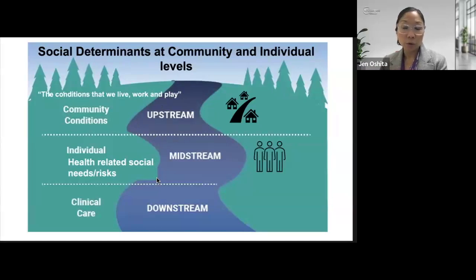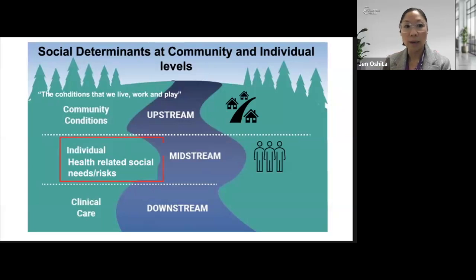They've been wanting to look at social factors, but it's hard for healthcare delivery systems to be assessing community conditions, right? That's not our area of specialty as healthcare providers. However, what we can look at and address are the individual level effects of community conditions or the individual level effects of social determinants of health.